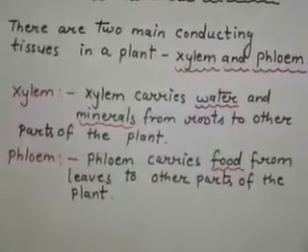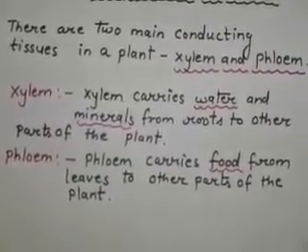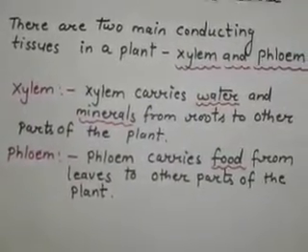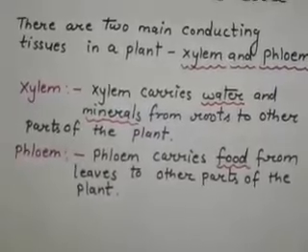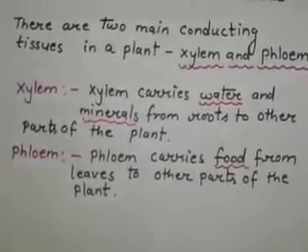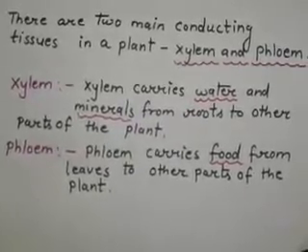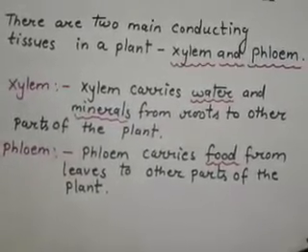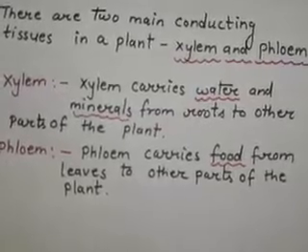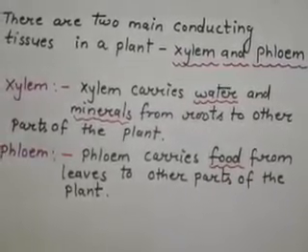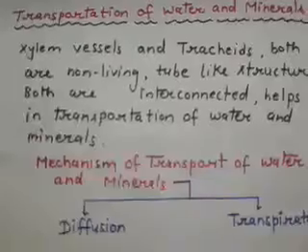These vehicles or organs are xylem and phloem. Xylem carries water and minerals from roots to other parts of the plant, whereas phloem carries food from leaves to other parts of the plant.